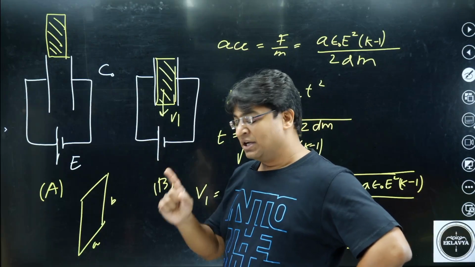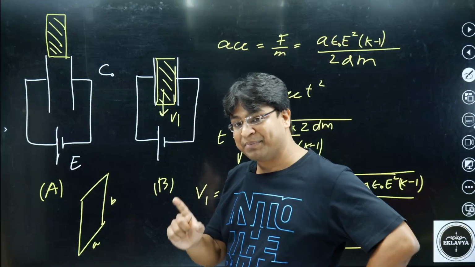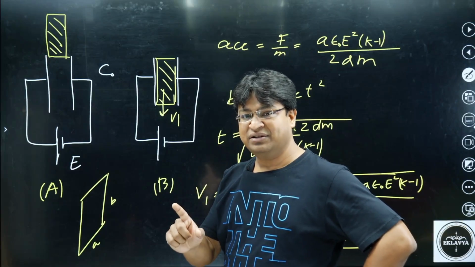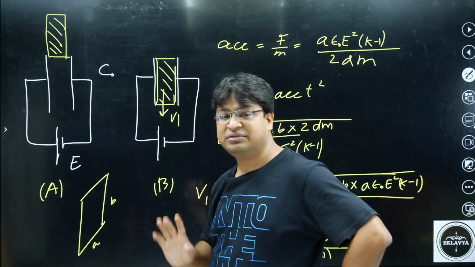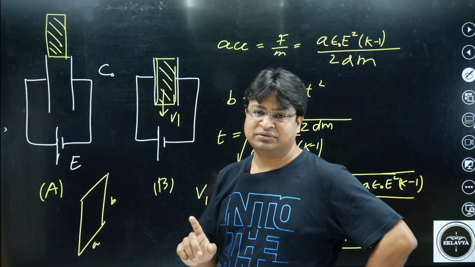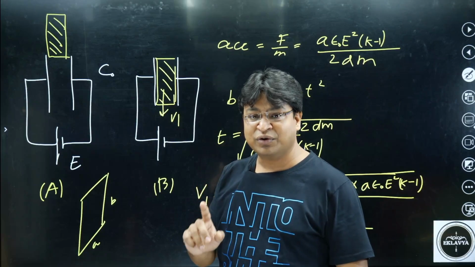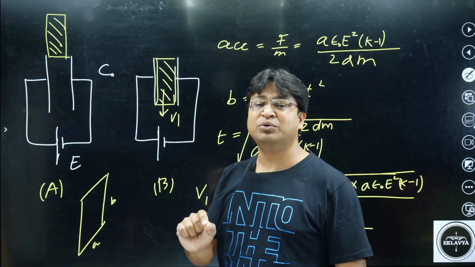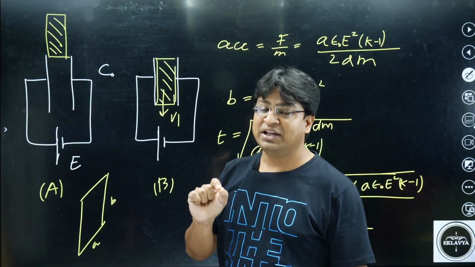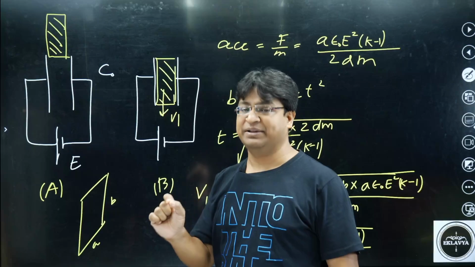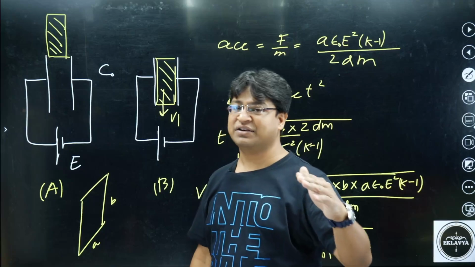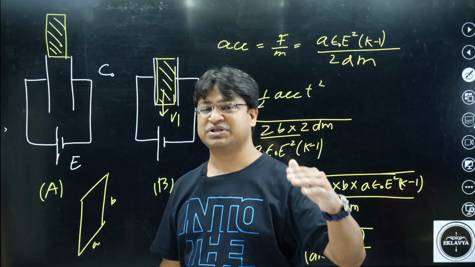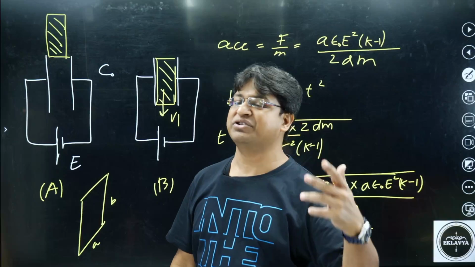Heat generation happens only when either there is a resistance in the circuit, which is not there here, or there is a flow of a finite amount of charge in an infinitesimal amount of time. You can look back at all the situations where it was mentioned that heat will be generated.